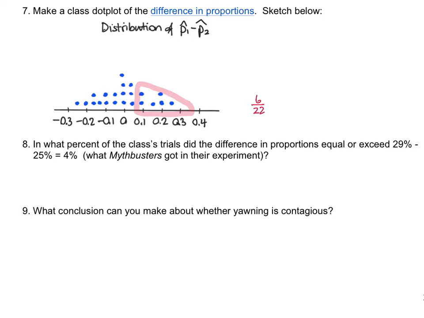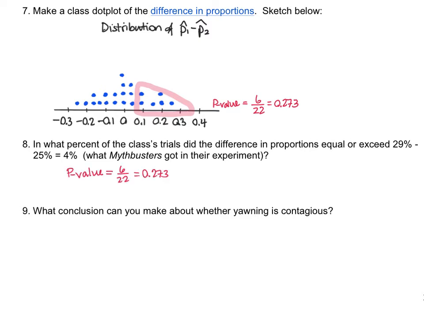And that proportion is 0.273, rounded to 3 decimal places like we're supposed to do in AP Statistics. And what we have just found is our p-value. So our p-value from the simulation gives us about 27%.